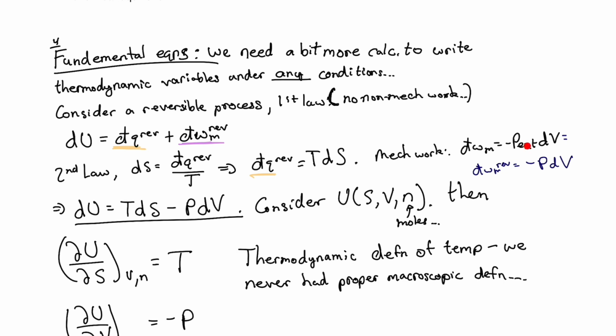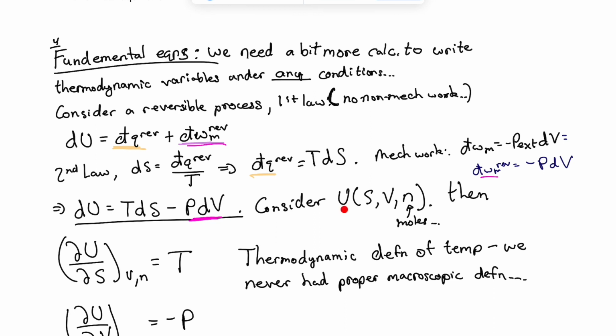If it weren't reversible, P external wouldn't be equal to P. So as a result, I'll put that in, that's the second term. We get this really powerful result that the change in internal energy U is equal to TdS minus PdV. And this applies no matter how I'm going to change the internal energy, I can always write it this way by considering this reversible process. There's now nothing depending on the path in there at all.